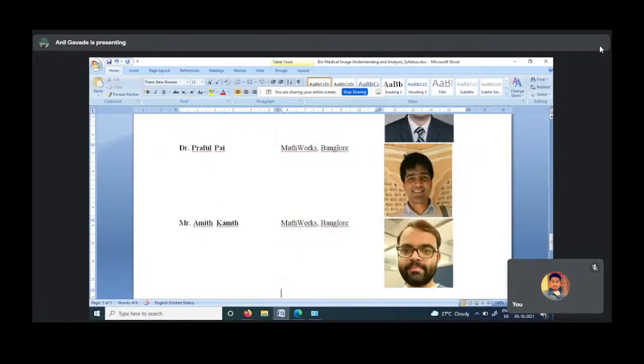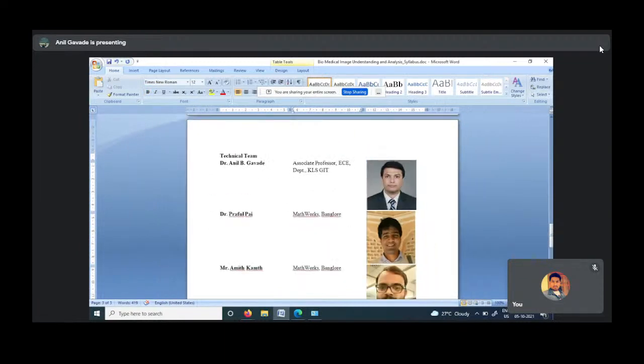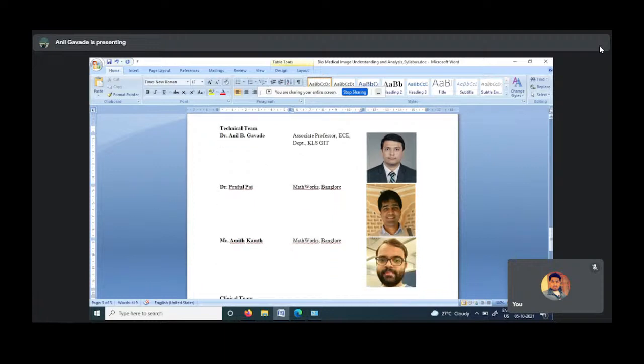Let me tell you the team members. This is my team with whom I'm associated. Myself, Anil B. Gogte, I'm from the EC department. Then from MathWorks we have Dr. Praful Pai, who is my associate in most of these projects. Also, we have another person, Amit Kamath. So from the technical team we have 3 members, and they will be interacting with you regularly in the subject.